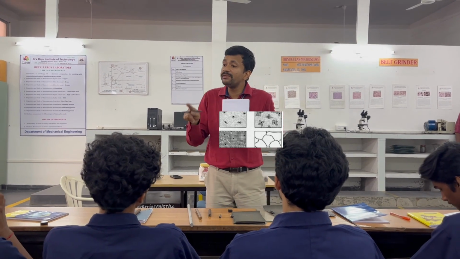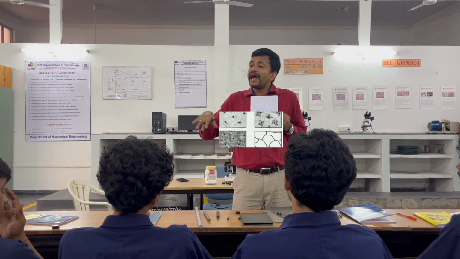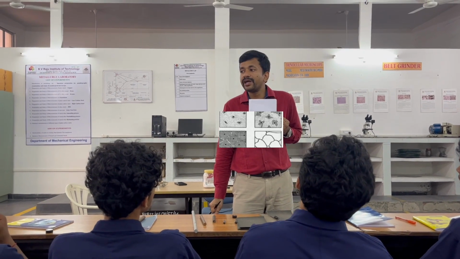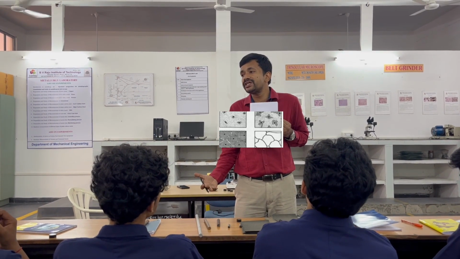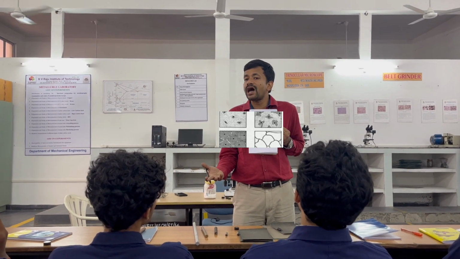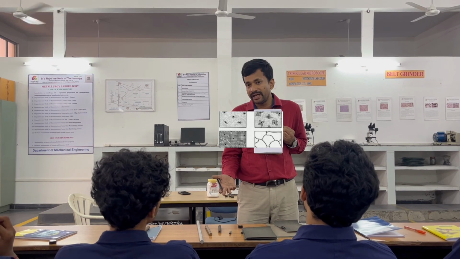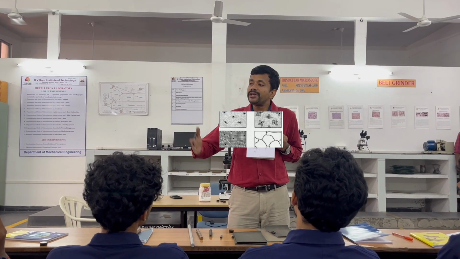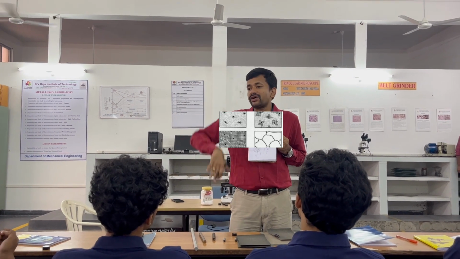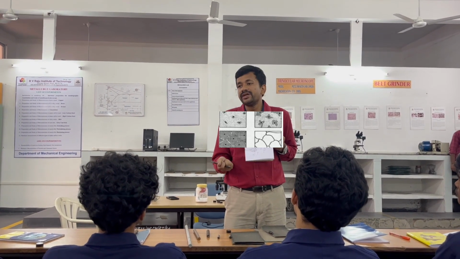Whereas grain boundaries have a totally different composition compared to grains. They are very rich in some composition. So that is the reason why they are not able to solidify at the same time, and they are left behind with all the impurities, and finally at the end they solidify, taking all the impurities in.